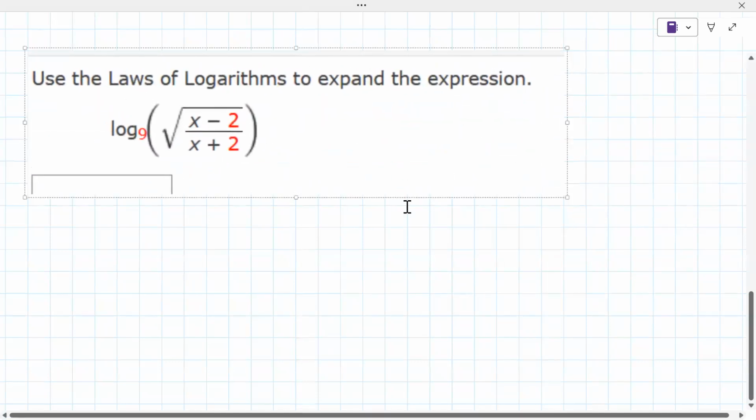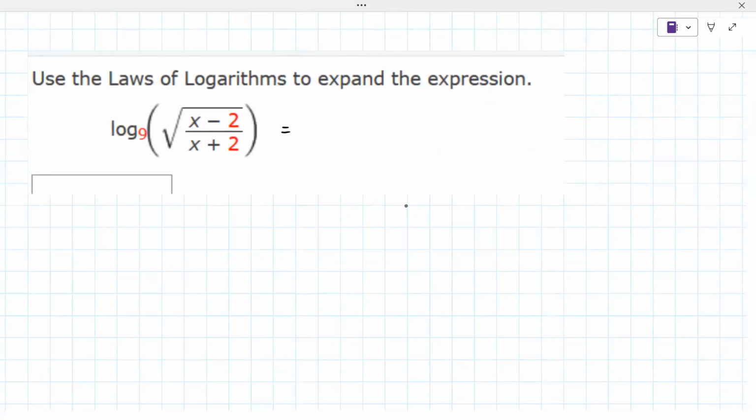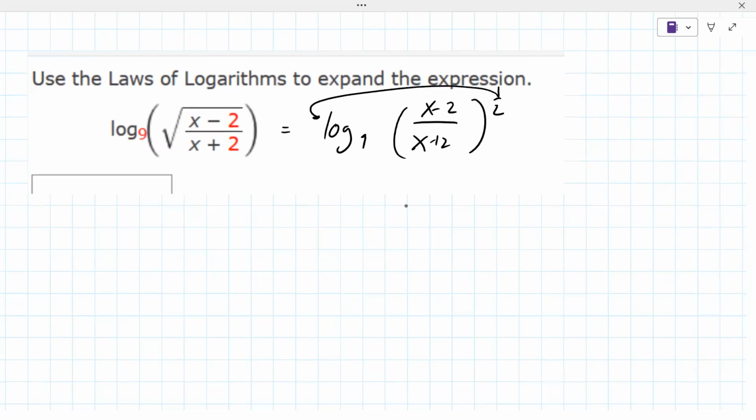Sometimes I do the problems out of order just to help with the learning. It's good to do them sequentially here. So what you should see is that this is really x minus 2 over x plus 2 to the 1/2 power. So that's what comes out in front. 1/2 log base 9 of x minus 2 over x plus 2.